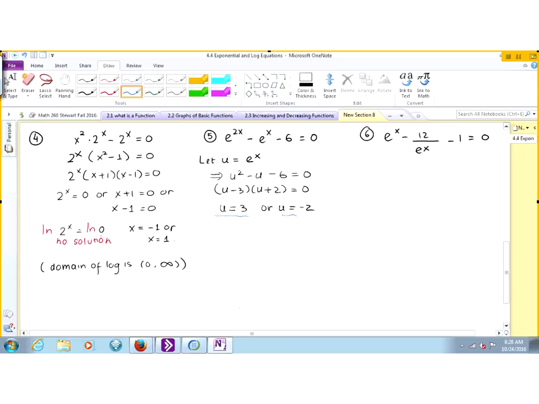Are we done? No, because I'm done with u, but I want to solve for x. Then what do we do? Substitute back, yes. So e to the x is equal to 3, or e to the x is equal to -2. Now we know how to solve this. e to the x equals 3: ln both sides.